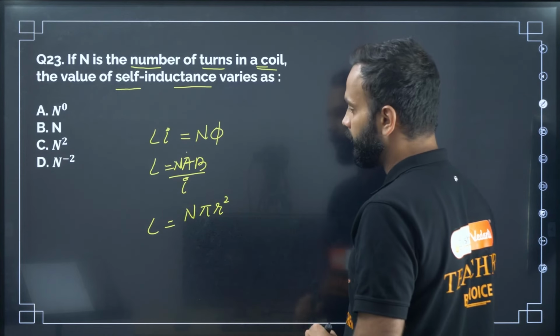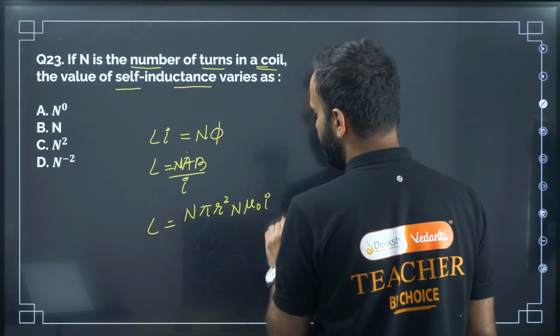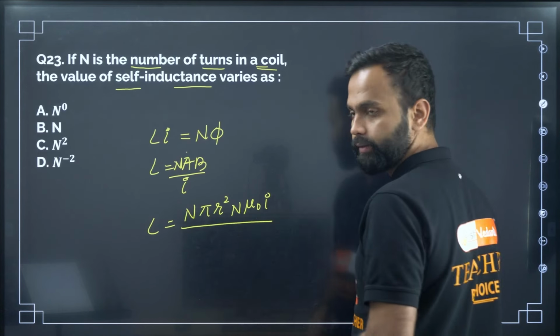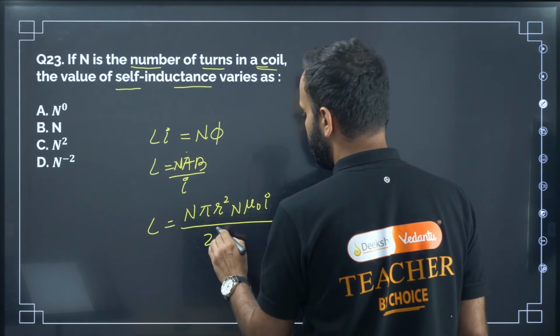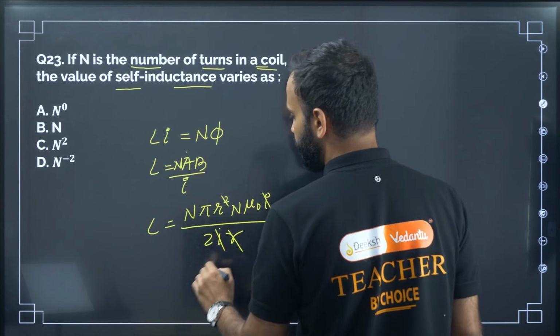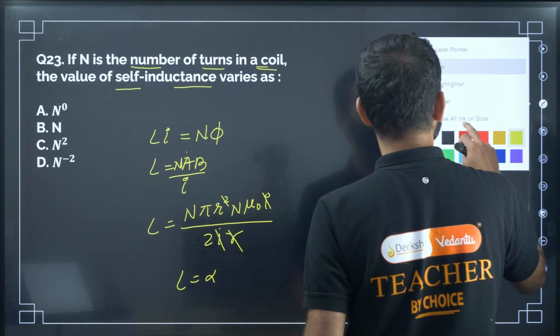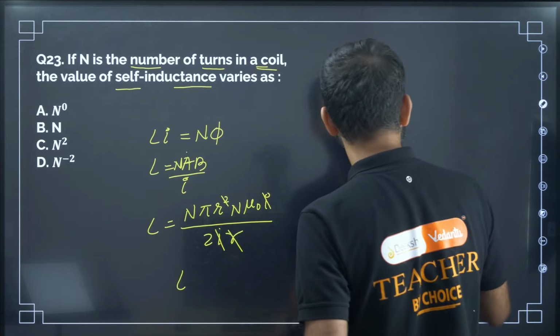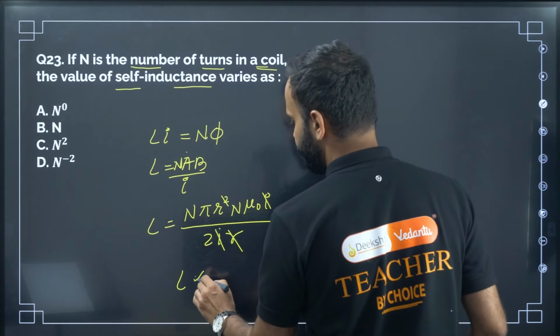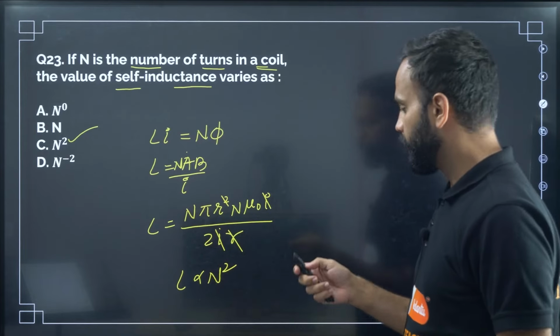Here they have given coil, isn't it? So N into mu naught I divided by 2R, divided by 2R into I. So now I will get cancelled. Here R will get cancelled. So L is directly proportional to N squared. So the correct option is C.